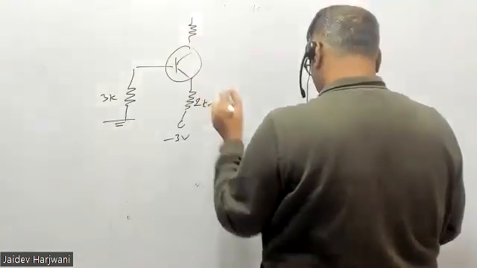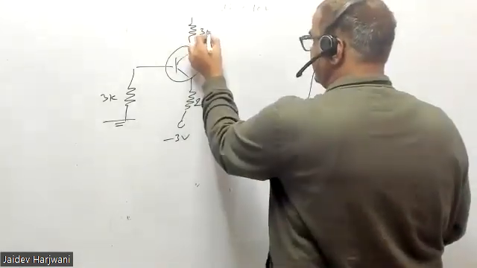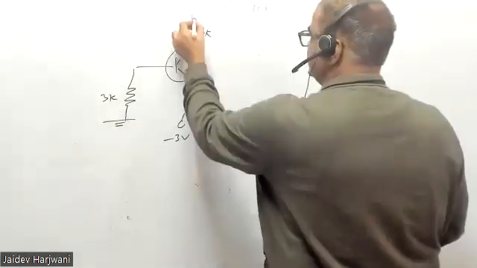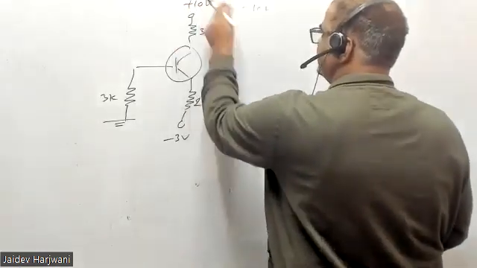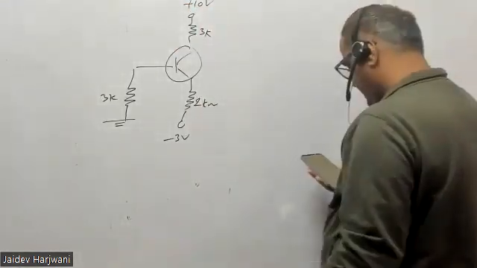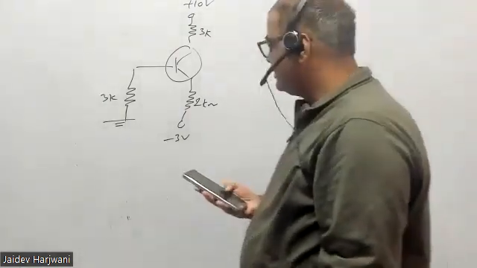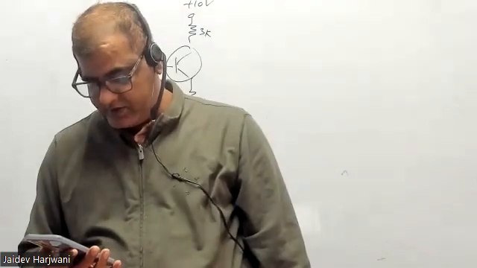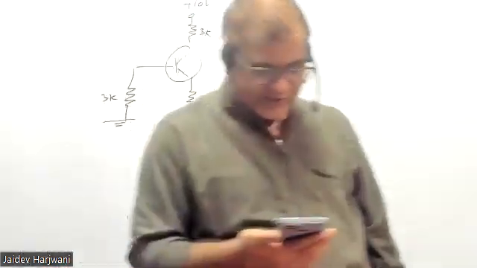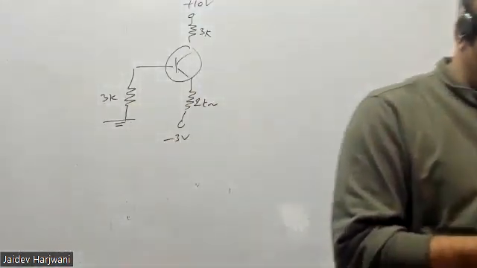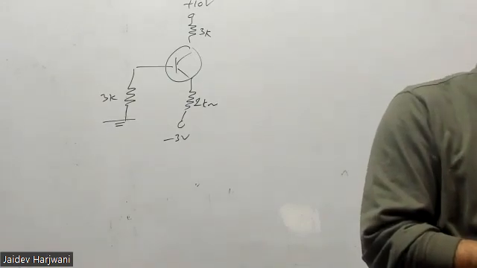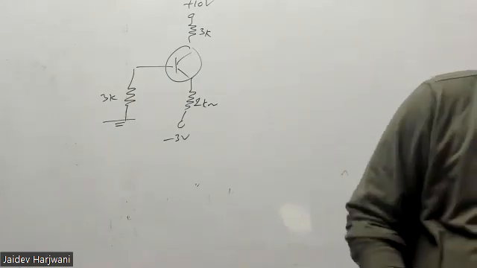Here a resistance is given, 3 kilo ohm, and this is your plus 10 volt. Now you're asking for the collector voltage with respect to the ground, VC.